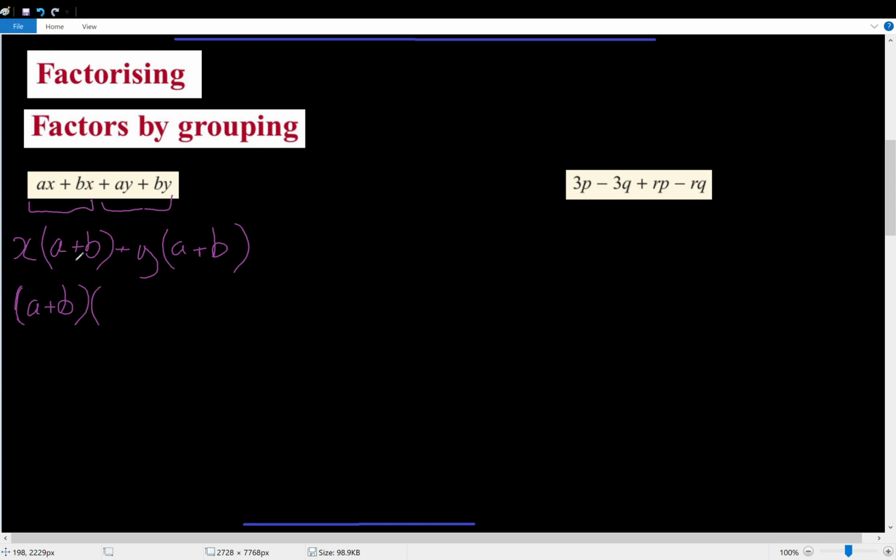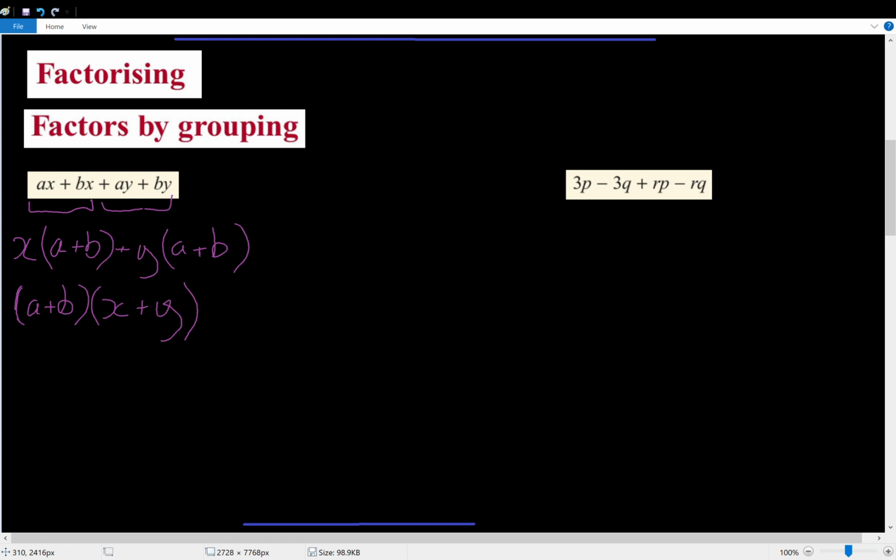So x multiplied by a plus b, divided by a plus b, is just x, and y times a plus b, divided by a plus b, is just y. In other words, we write down the bracket that is common to both terms, and then in the bracket right next to it we write what's left outside the brackets from the line above. So that would be this expression fully factorized.